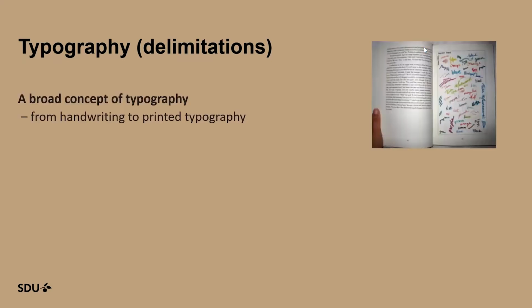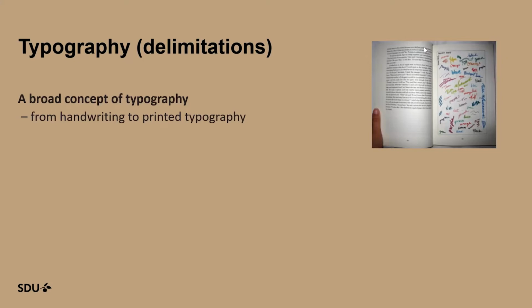Before I proceed, I think I have to say a few words about how I define typography as my object of analysis. In one sense, the concept of typography I'm using is a very broad one, in that it extends from handwriting to printed typography. This is motivated by the belief that a number of common semiotic principles are at play when the visual side of language creates meaning.